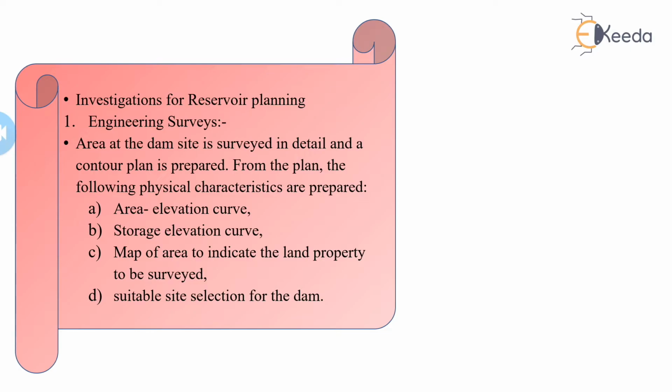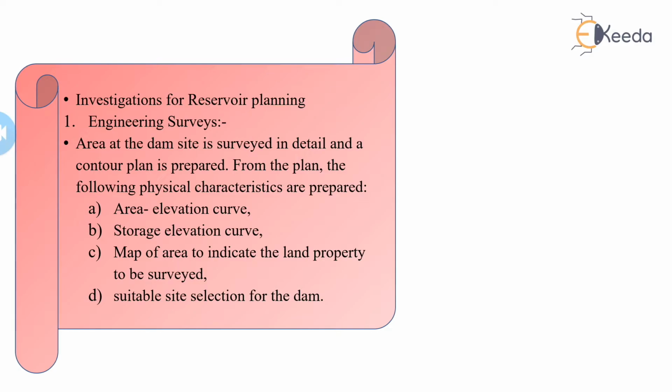It gives us the area for each contour value. When the value of a contour increases, its area also increases. So a curve may be drawn between the elevation and area. Hence the reservoir capacity, or the volume of storage corresponding to a given water level in the reservoir, may be calculated.